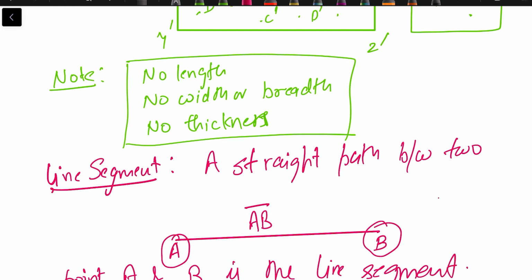And how will we represent the line segment? AB, and after that we put the bar over it. So A and B will have some fixed distance. Okay, so it will have a definite length.